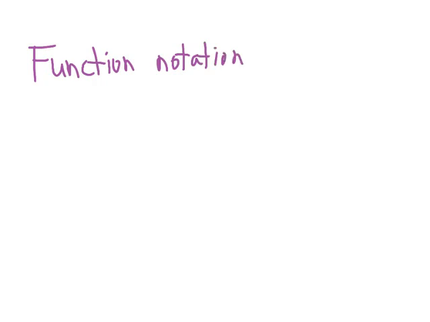Alright, the next thing we have in this section that we're going to use a lot in this course is called function notation. Alright, so we're very comfortable with writing functions this way.